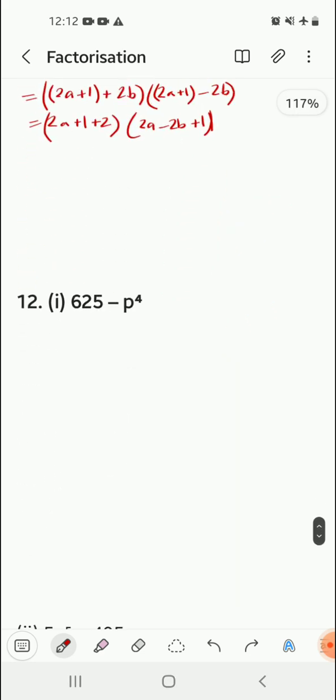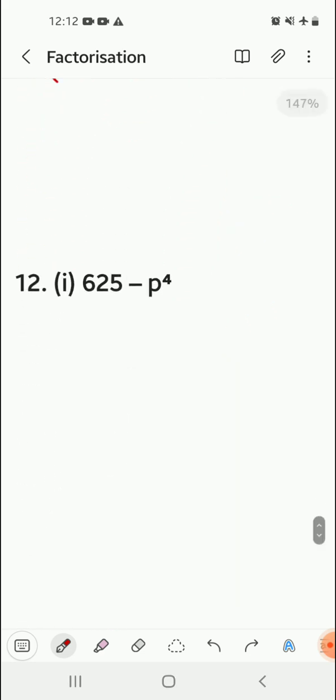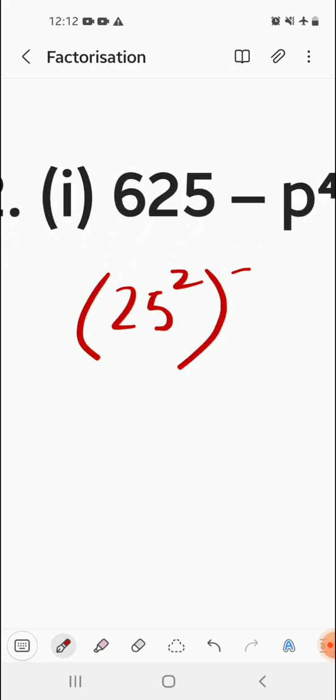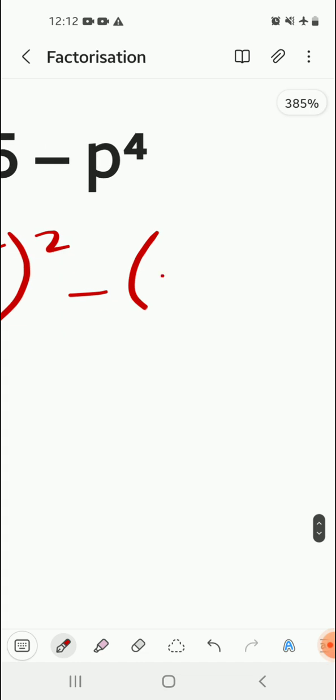Moving on to the next question, 625p to the power 4. This is really simple. It actually means 25 square whole square minus p square whole square.